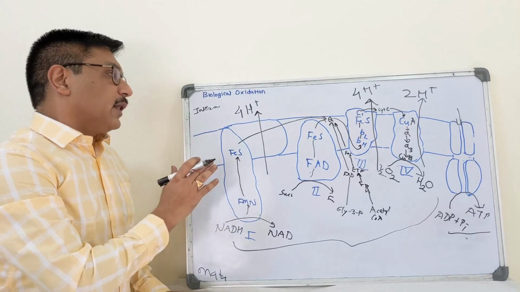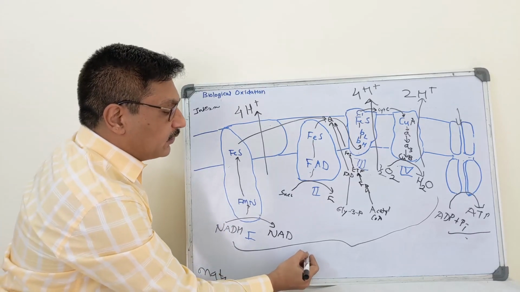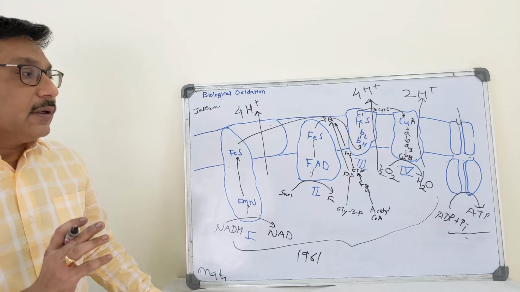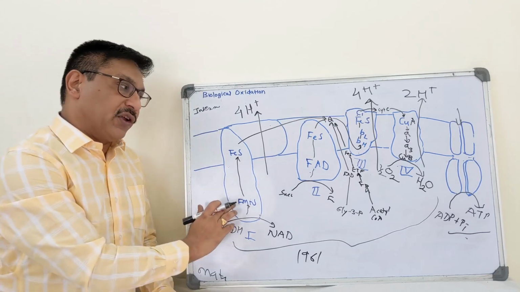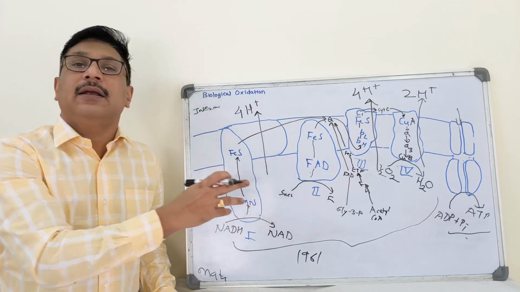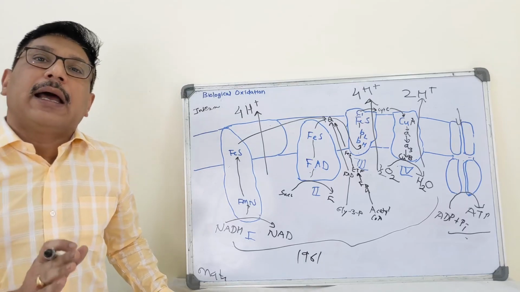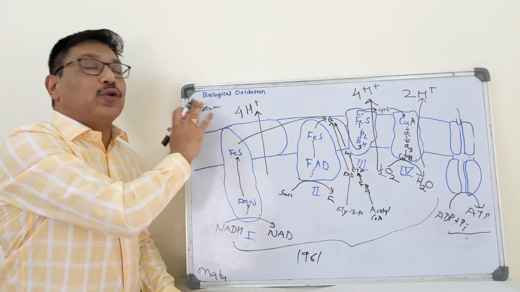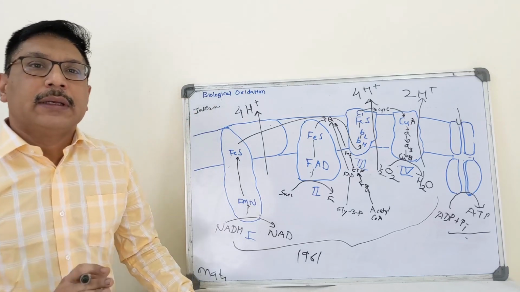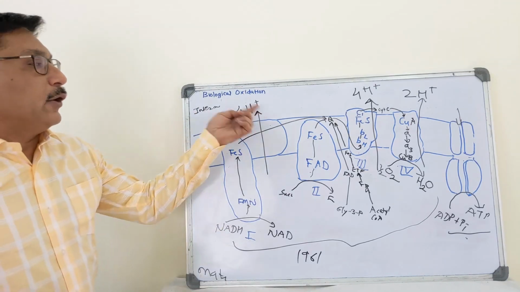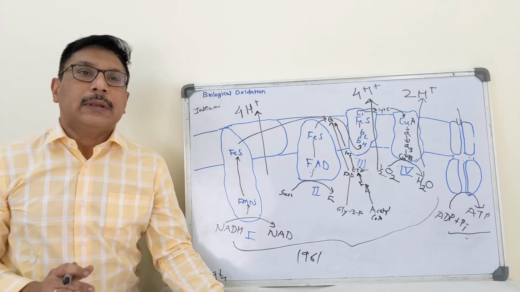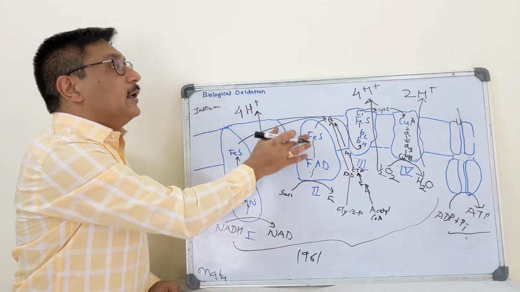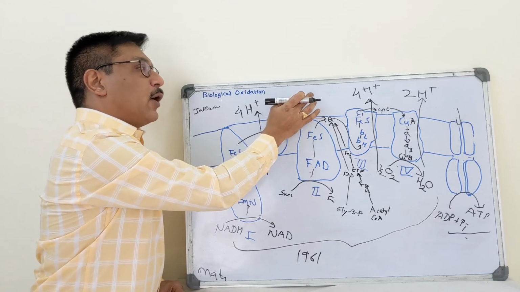The chemiosmotic theory, proposed in 1961 by Peter Mitchell, suggests that the two processes, oxidation and phosphorylation, are coupled with the help of this proton gradient across the inner mitochondrial membrane. What happens when protons are pumped outside? There is electropositivity outside.